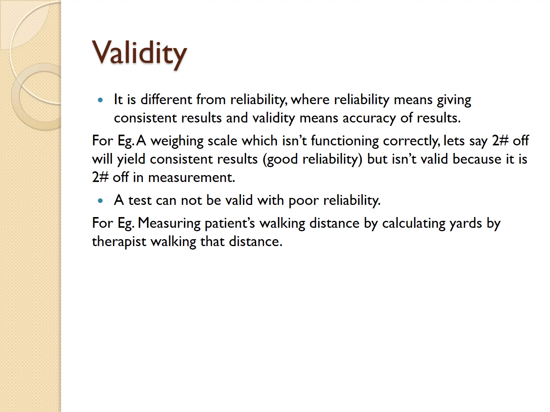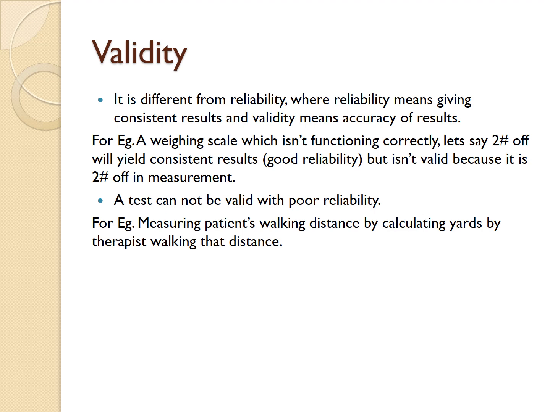Measuring a patient's walking distance by calculating the yards by a therapist walking that distance. Let's say you're doing gait training, and now you want to measure how much that patient walked in the clinic, and you're judging, okay, my 2 steps means 1 yard, so you walk that particular distance and try to measure an approximate distance the patient walked.